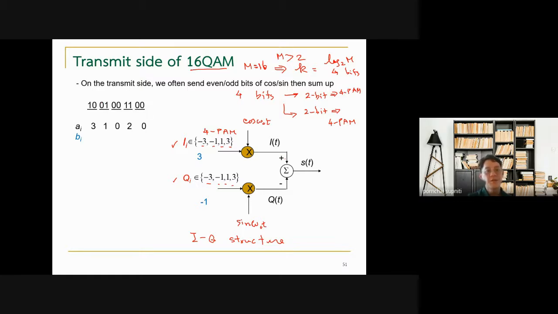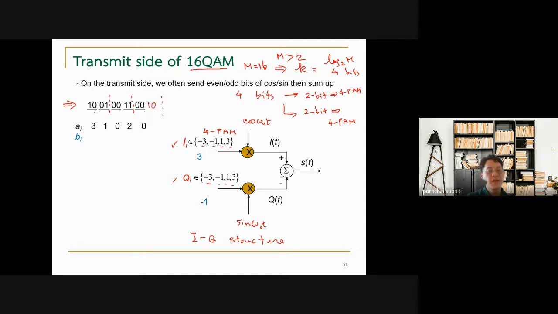Let's take a look at the left-hand side. Let's say we have this data bit that we want to transmit. We have to look at 4 bits at a time. Let's say this is 1 0.